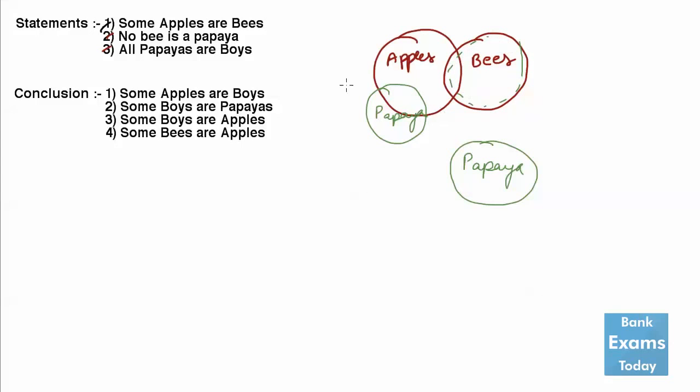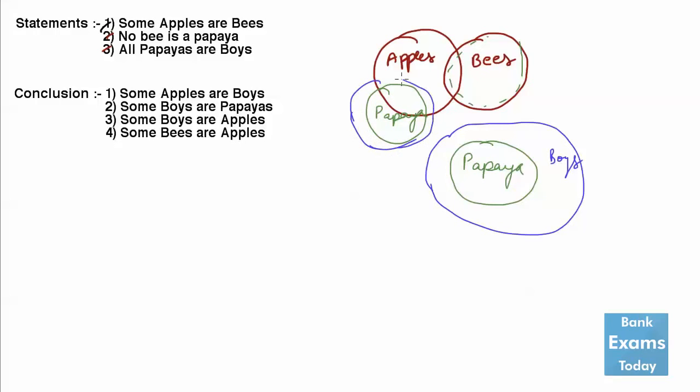And the third one is all papayas are boys. So all papayas are part of the bigger circle, boys. So it can be like this.